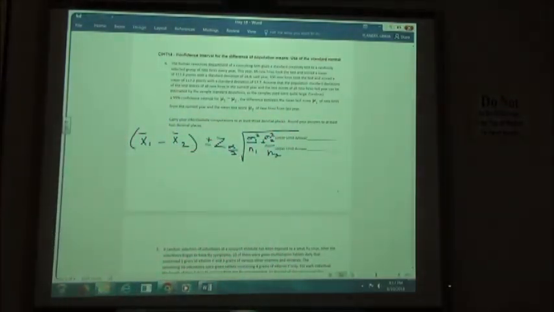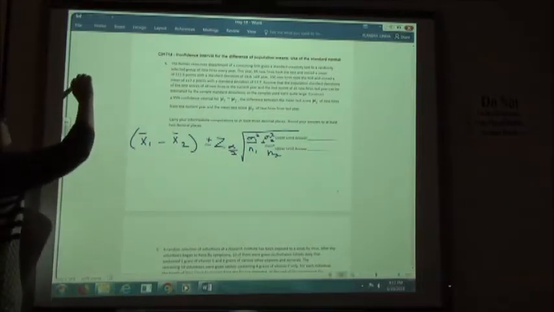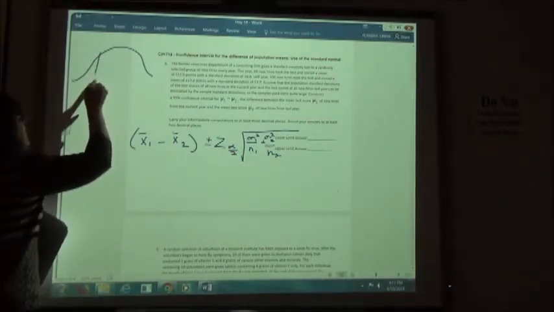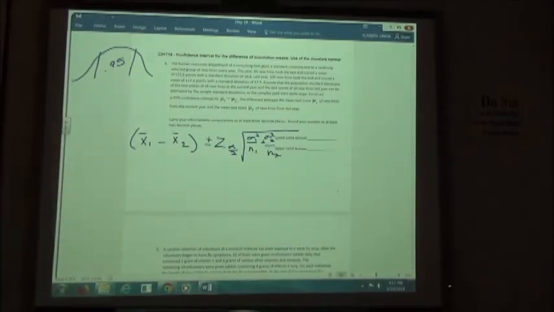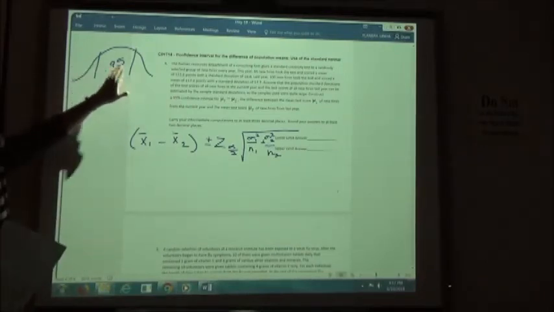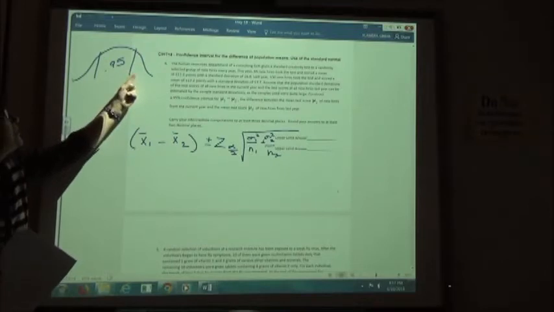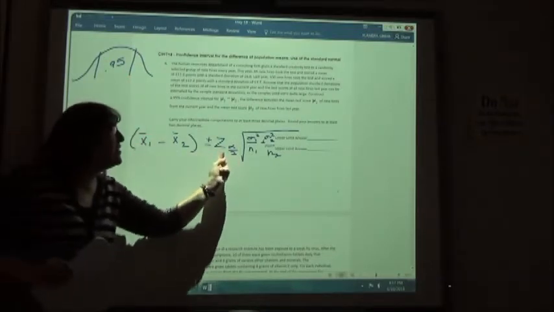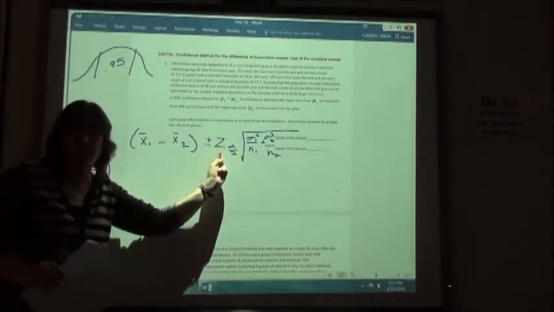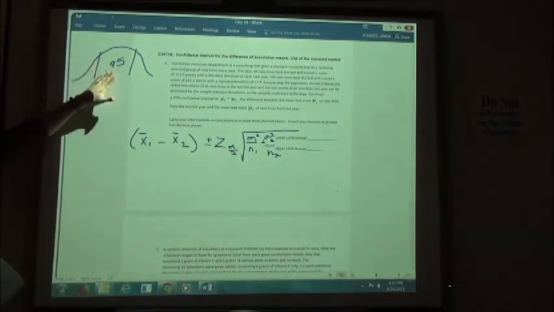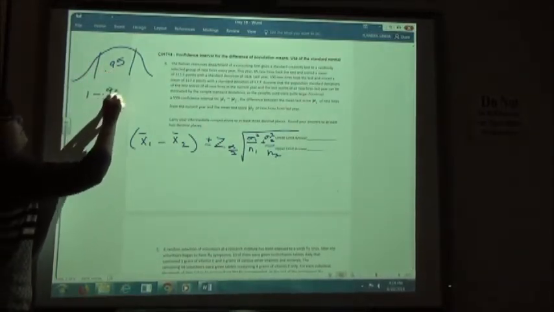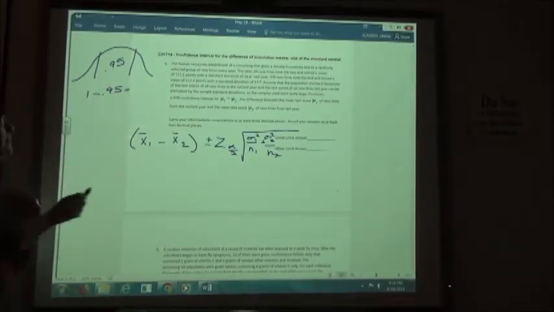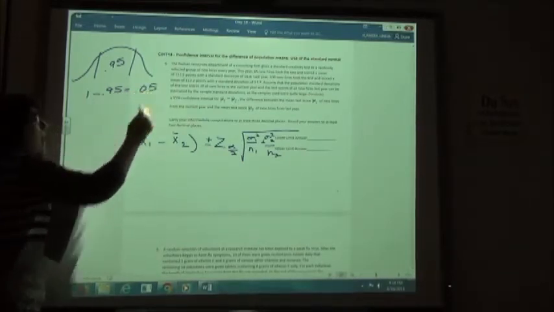Now, for a 95% confidence interval, the middle is 95%. That means we're calculating the percent for each of the little sections, and that's going to give us the subscript that we're going to use with our z. So if this is 95% in the middle, we're going to do 1 minus 95%, which is 5%.